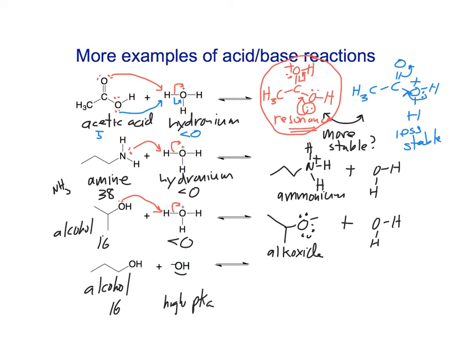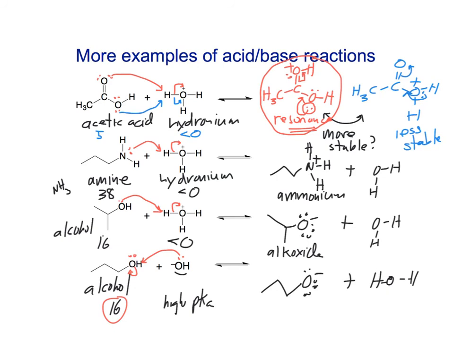So the alcohol is actually more acidic in this case. Hydroxide is going to remove the H from the alcohol. This is going to generate a new alkoxide, just like up above, plus water.